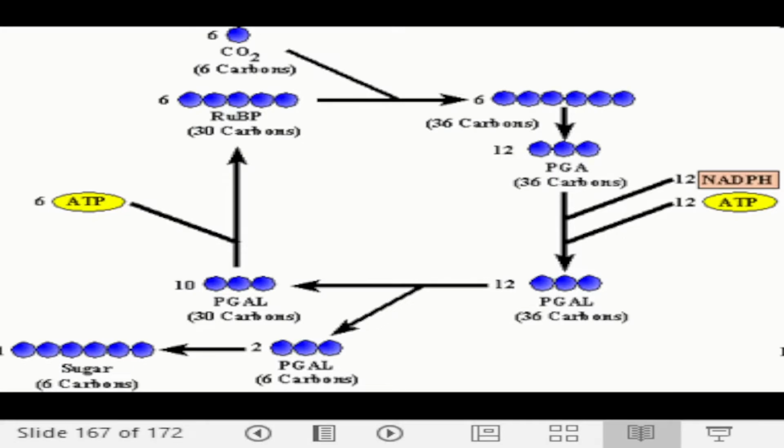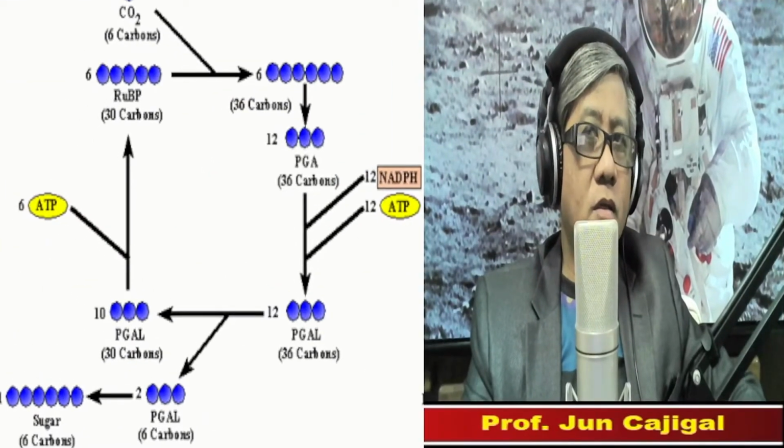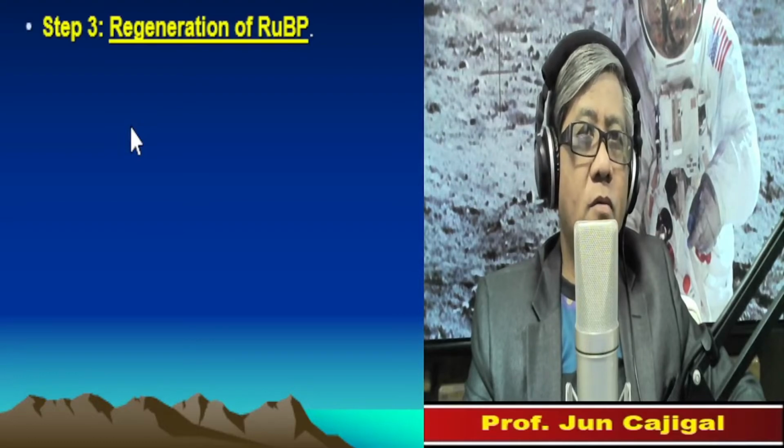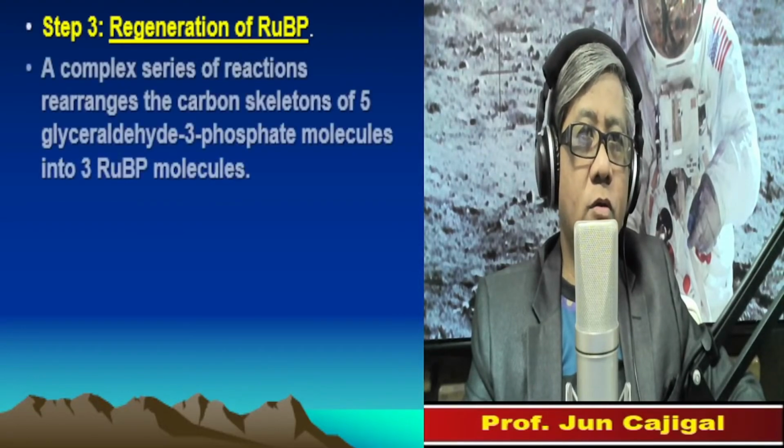So PGAL is further converted into sugar, and with the reaction of ATP from the cyclic photophosphorylation process, PGA is converted to RUBP. And then RUBP reacts again with another molecule of carbon dioxide, and the cycle continues. So this is step number 3, or we will call this regeneration of RUBP. Alright, so what happens now in step number 3 or regeneration of RUBP?